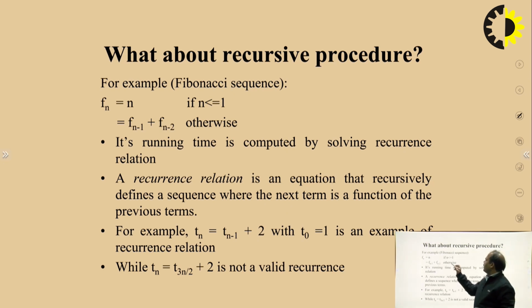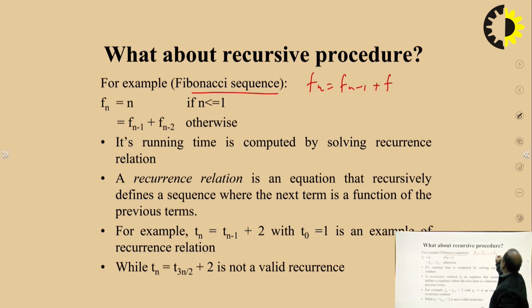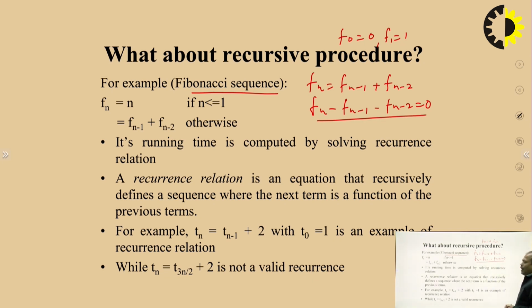For example, suppose we want to compute the Fibonacci sequence. Its definition is Fn equals Fn minus 1 plus Fn minus 2, with F0 equal to 0 and F1 equal to 1. In the method of characteristic equation, we transform this to Fn minus Fn minus 1 minus Fn minus 2 equal to 0. The objective is to solve for Fn in terms of n.